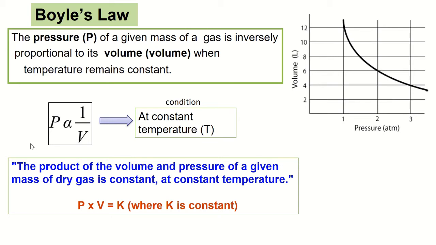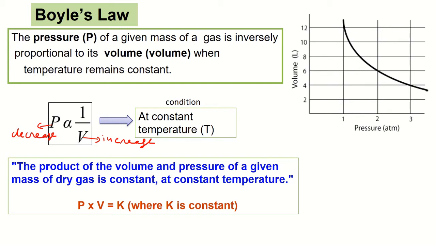Now what is the meaning of this? The meaning of this statement is, if the volume of the gas is increasing, the pressure of the gas will decrease. This is the meaning of this statement or this formula.